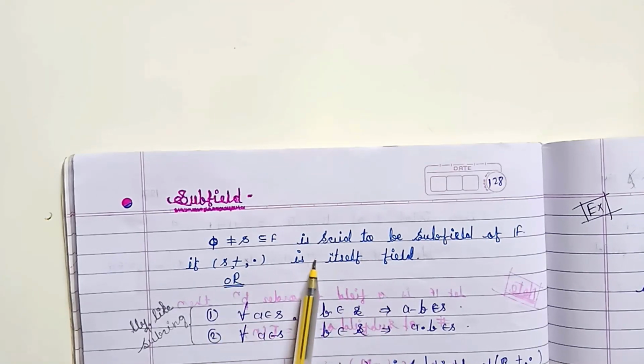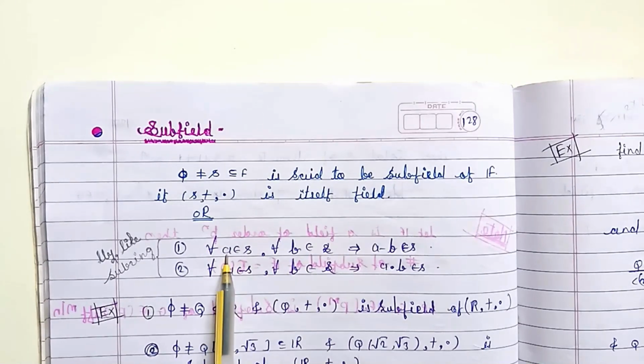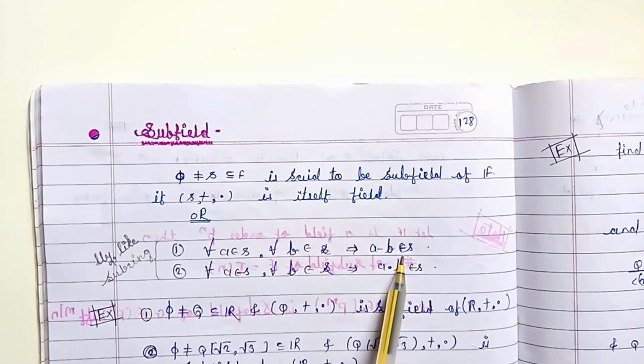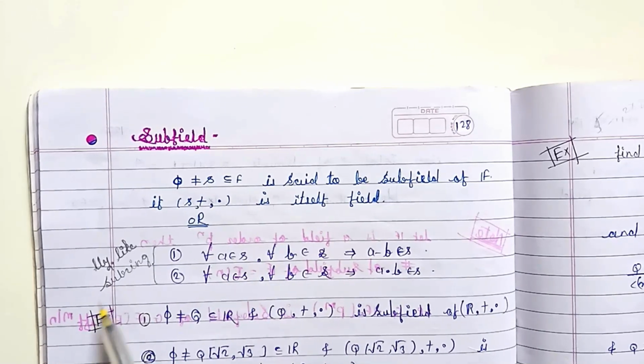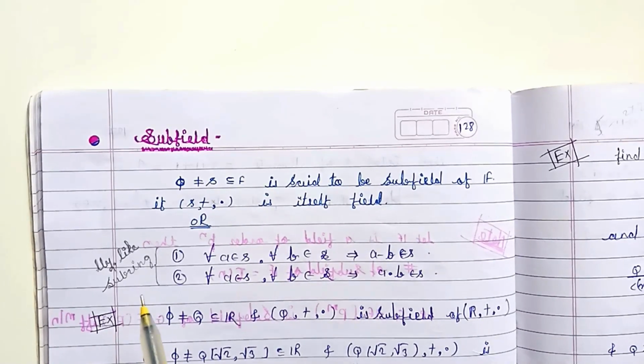Or we can use one more definition: for all a belongs to S, b belongs to S, a minus b is also in S, and second, for a belongs to S, b belongs to S, the product a dot b belongs to S. This is the definition of a subfield. It is quite similar to a subring, as we learned in the subring lecture.